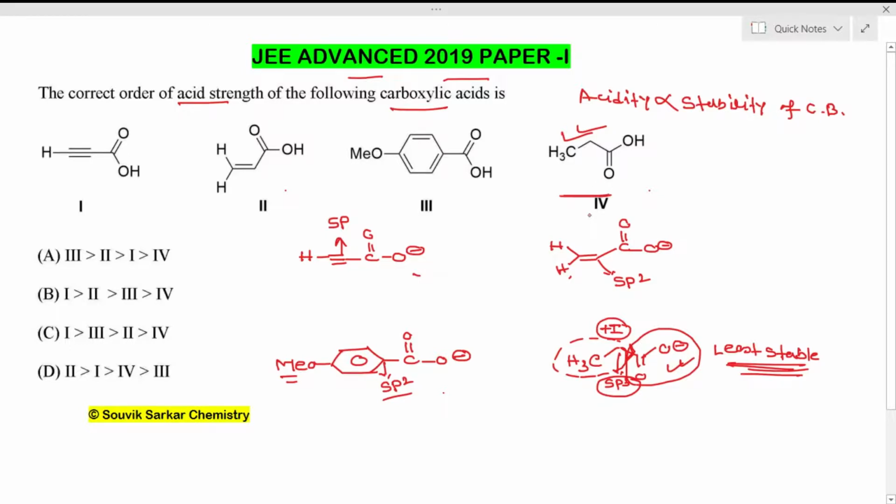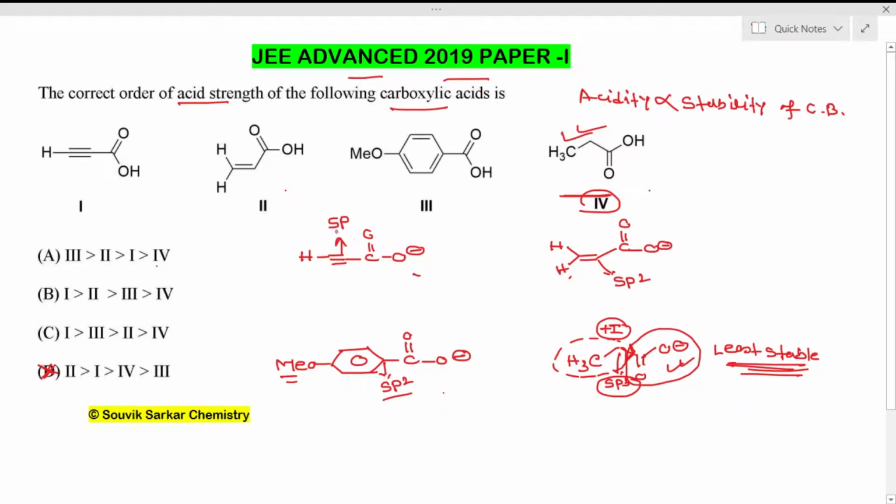So acid 4 is the least acidic among all. In options A, B, C, acid 4 is the least acidic, but in option D, they have given acid 3 as the least acidic. So this option is wrong. Now we have 3 options and 3 conjugate bases left.